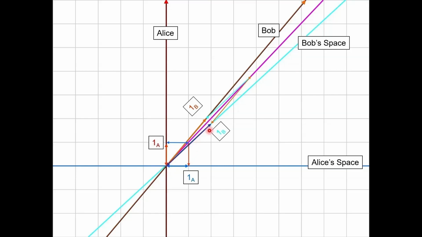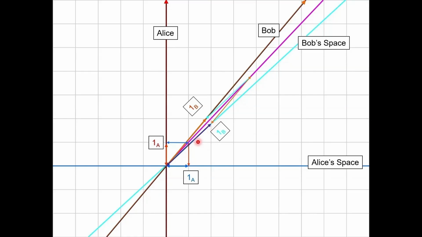Okay, so here is 1 unit of distance according to Bob. Let's call it a stick of 1. But again, we want to remember that we want to see the distance between 2 points that happen at the same time according to Alice.